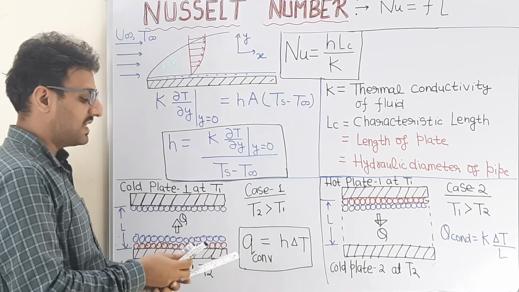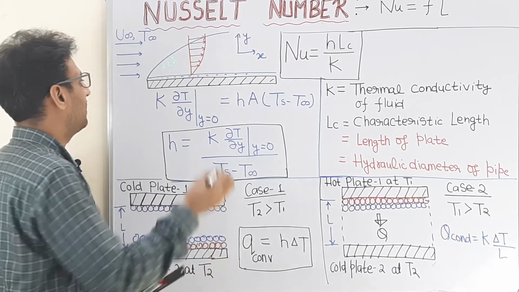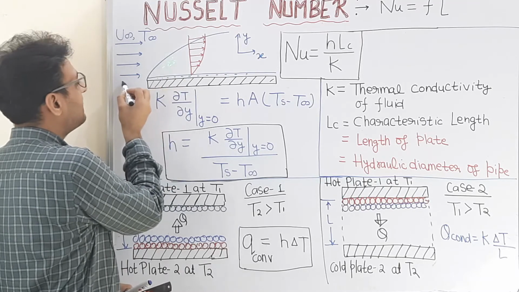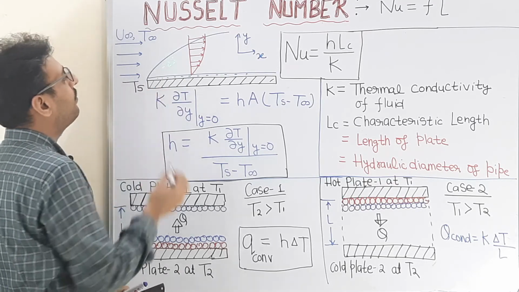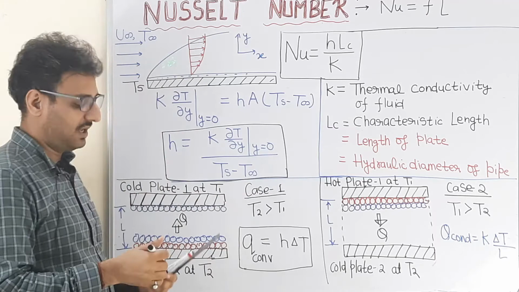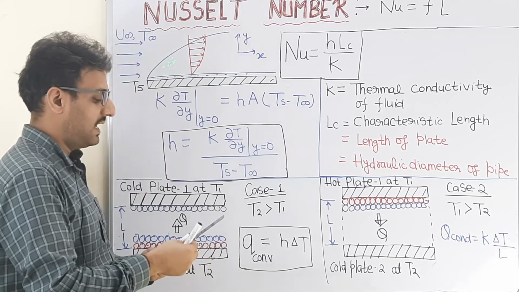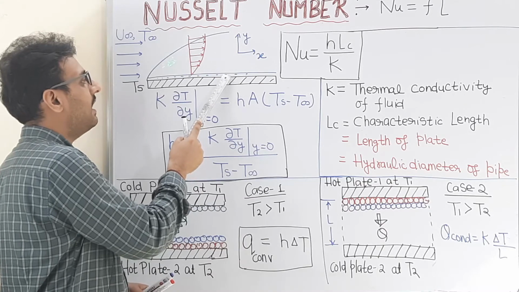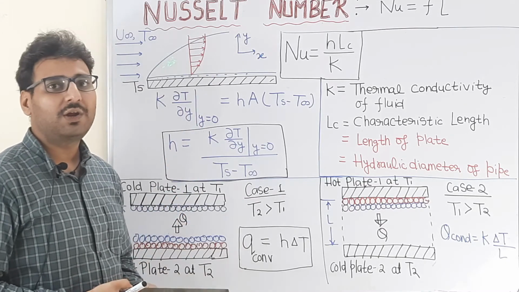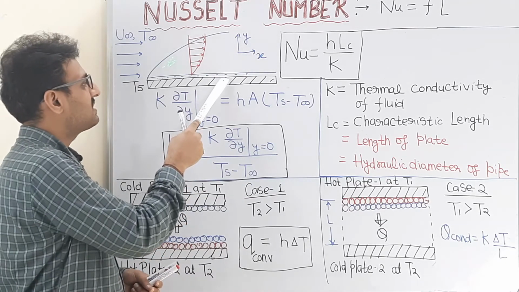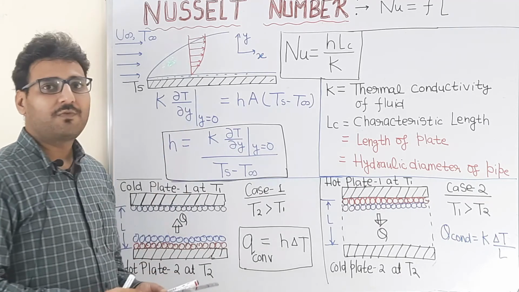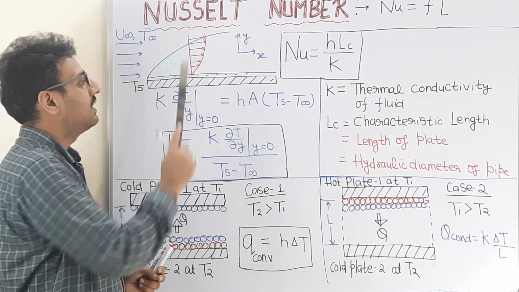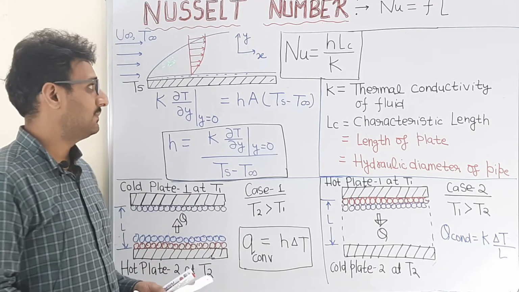If the plate temperature is higher than the fluid temperature, suppose the plate temperature is Ts and the fluid temperature is T infinity, then heat will be transferred from the plate to this layer by conduction. As we already know, when two substances are in physical contact with each other without any motion, the conduction process takes place.